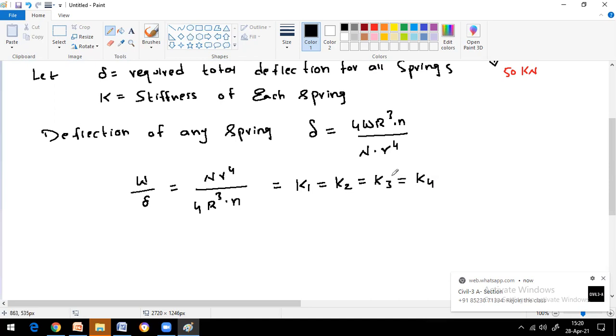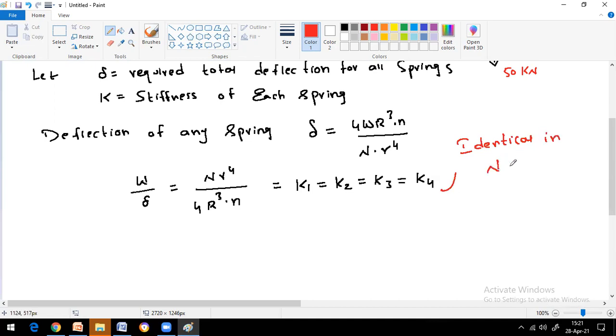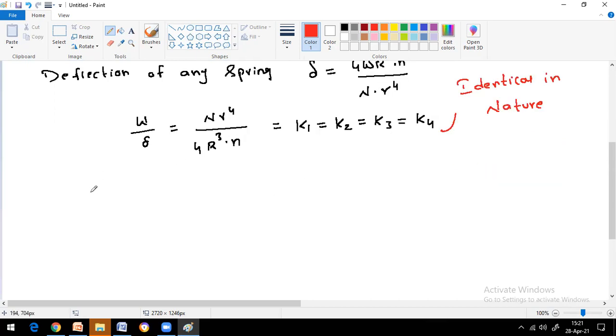Since the springs are identical in nature. What do you mean identical in nature? All springs have the same turns and the same diameter, so the stiffness also will be the same in all the springs.